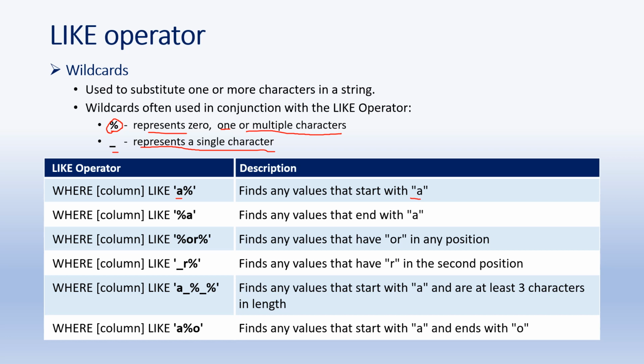Or you can put something like B percentage, it will find any value that starts with B. So we just define the first letter. Same as this one, if you put the percentage in front, it will find any values that end with A. Unlike this one, which starts with A, this one ends with A. This one finds any value that has the letter in any position.